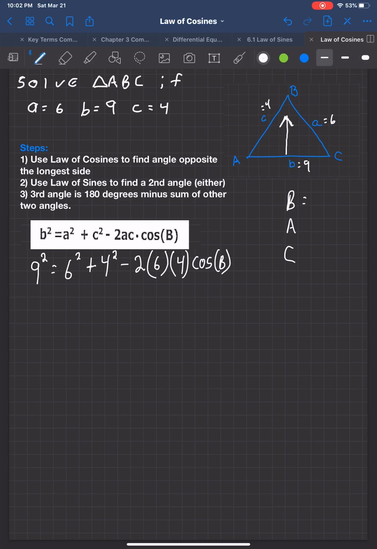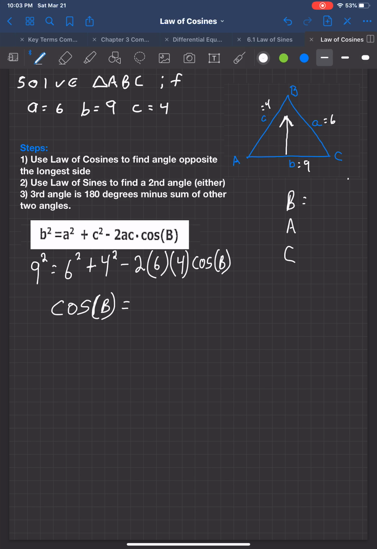Ready? So I'm just making sure I didn't make any silly mistakes. A squared plus C squared minus 2 times A times C times cosine of B. Okay, good. So right now you grab your calculator, you let it do some heavy lifting, and you want to solve for cosine of B.